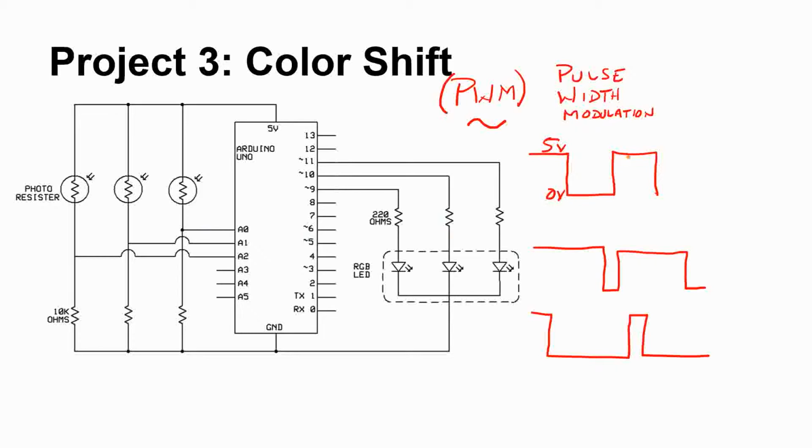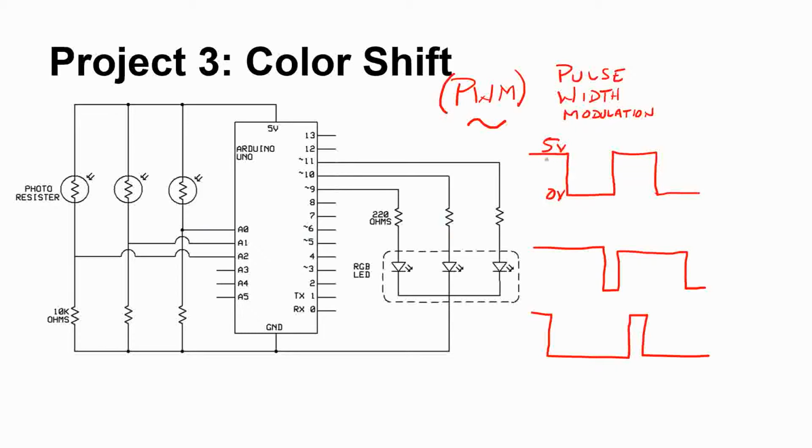That's where it's on, where you have 5 volts, and the low parts, the valleys, that's where it's off. Notice that there's no slope. It just goes straight from on to off. And over a fixed period of time, this will cycle on and off.